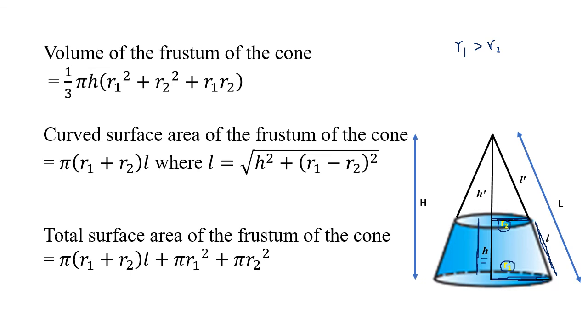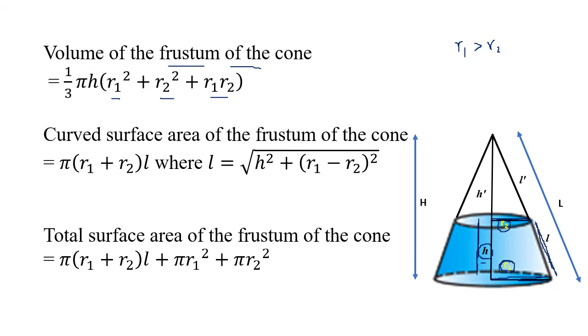But the volume of the frustum, only the blue part, you can see the blue color, is 1 by 3 pi h (R1 square plus R2 square plus R1 R2). So for the volume you don't need the L. H is only the height of the frustum, not of the whole cone.